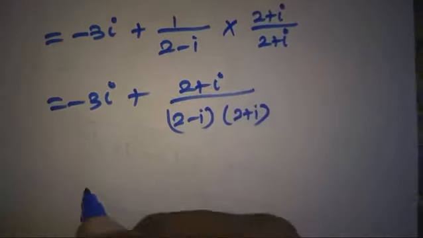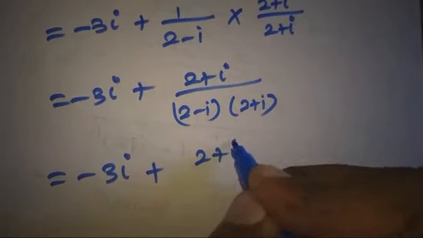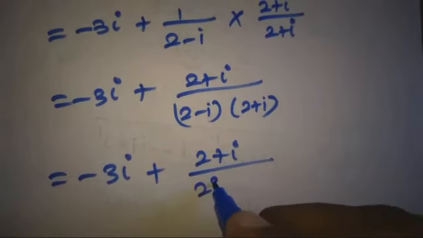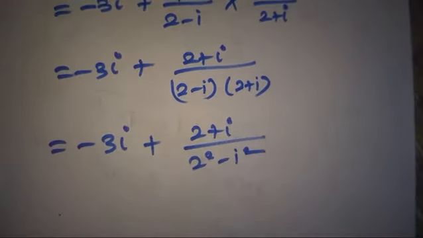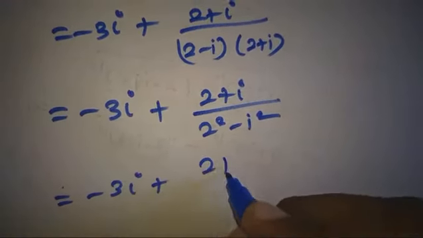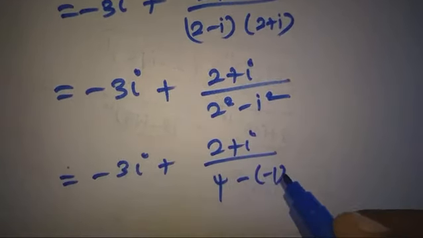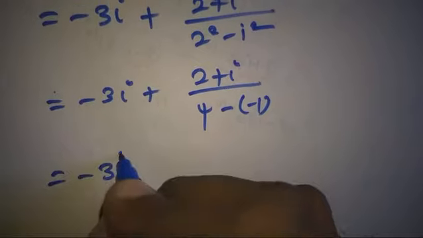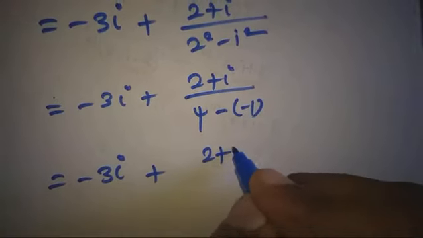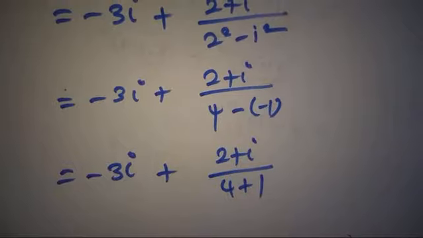2 plus i, minus 3i plus 2 plus i by the formula 2 square minus i square, and minus 3i plus 2 plus i by 2 square value 4 minus i square value minus 1, and minus 3i plus 2 plus i by 4 plus 1, correct.